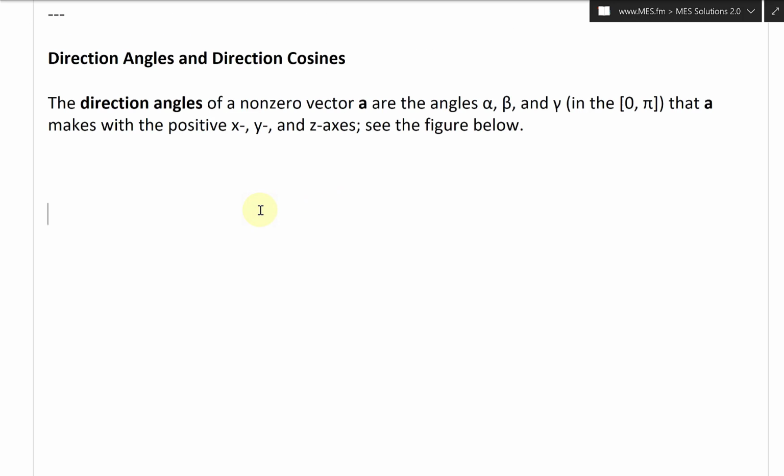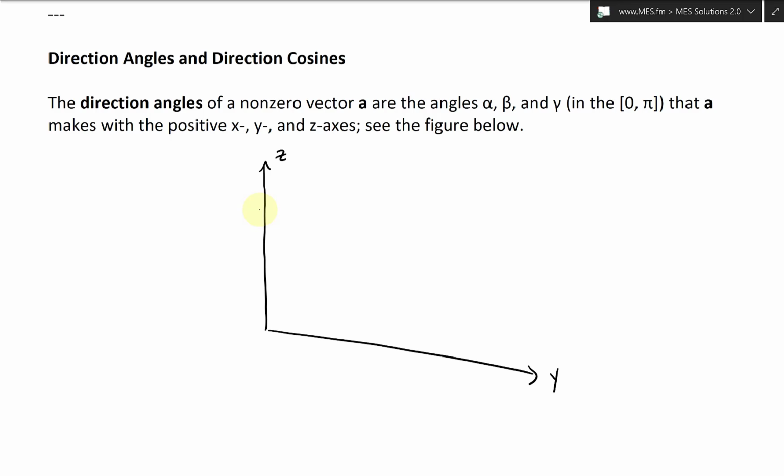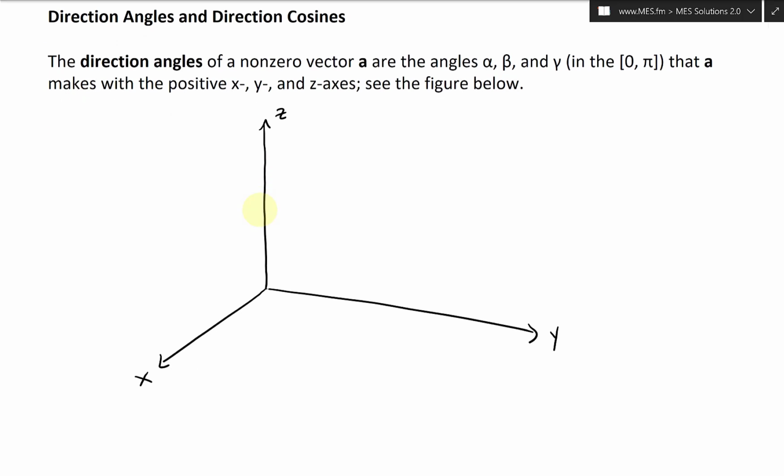So for example, let's just graph this out in 3D. Here is our z axis. Let's draw our y-axis, and then this is our x-axis. Let's say we have a vector that goes out here in 3D space, and what I'm going to do is draw the components of this.